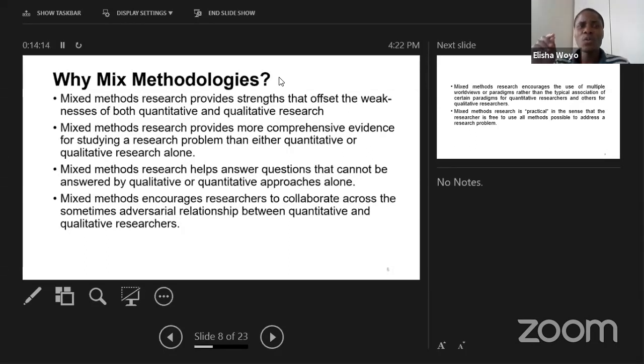Secondly, we also use this methodology because it gives you some kind of good evidence in terms of understanding the nature of the research problem. And like I have always been saying, the choice of the methodology is informed by the nature of the research problem. We cannot run away from that.